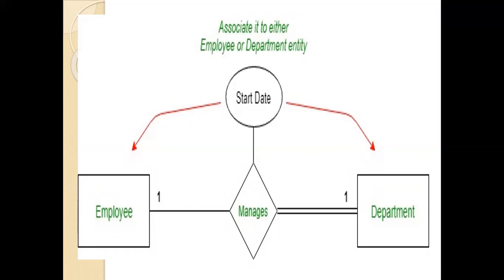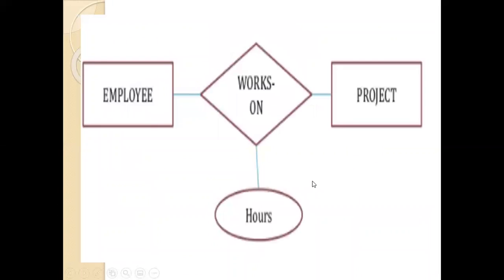So then the Manages relationship will get some attribute, like when the employee became the manager, what is the start date of the employee when he started acting as the manager? So now here start date is an attribute of a relationship type, not of the entity types.